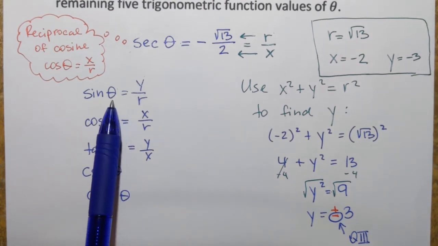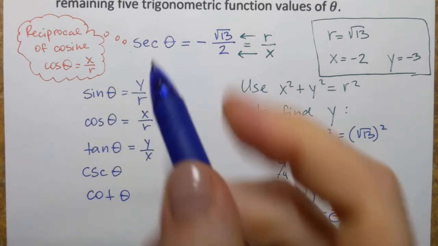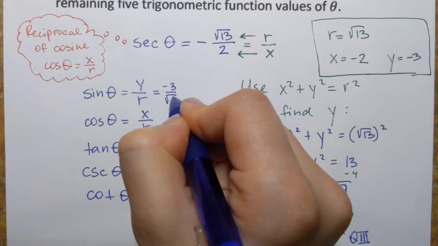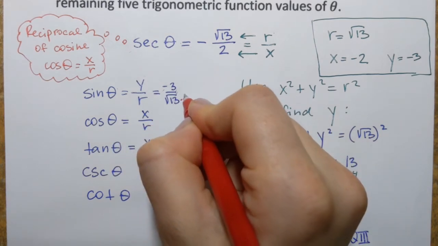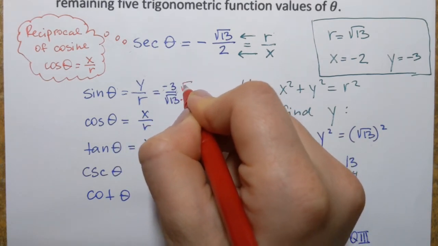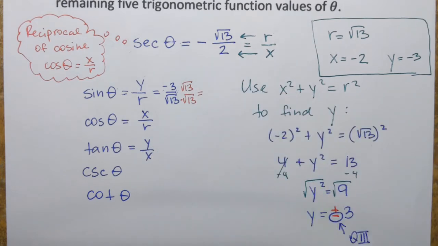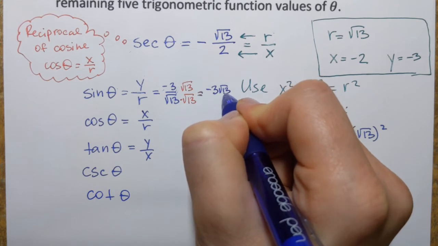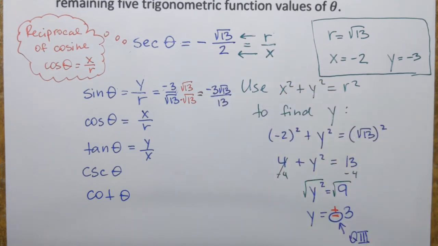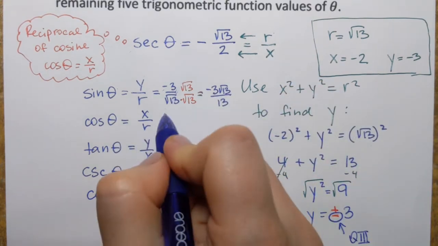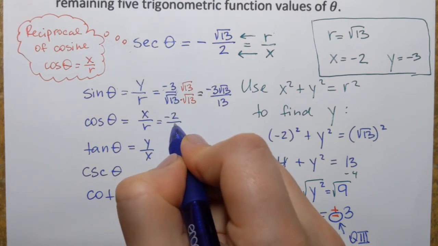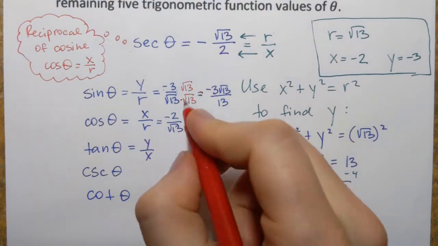Going back to sine, y over r. So it's negative 3 over square root of 13. Of course, I would want to rationalize the denominator here. So that's going to be negative 3 square root of 13 over 13. Now cosine, it's x over r, which is negative 2 over square root of 13.